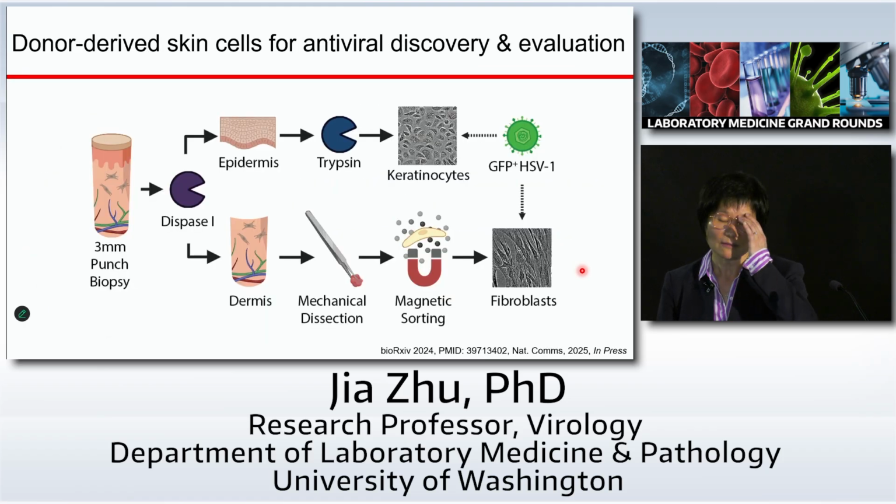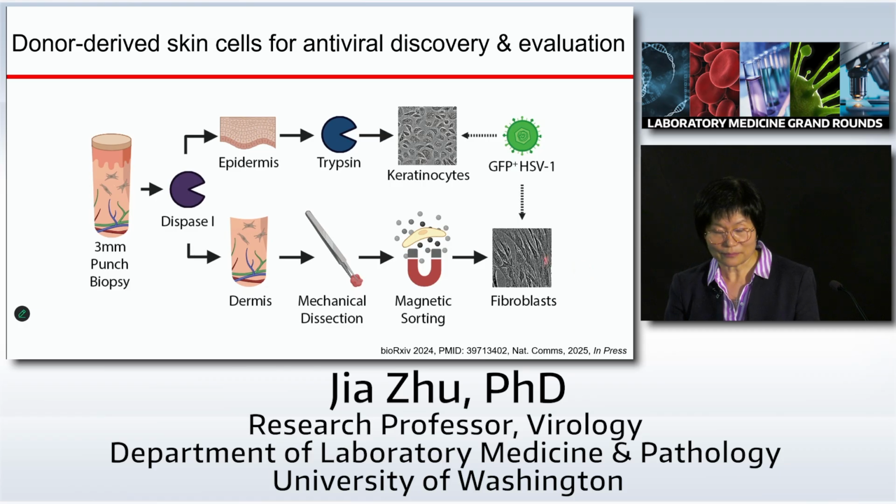But conventional antiviral drug discovery uses Vero cells and fibroblast cells. But we have shown that HSV manifests in human skin, through our in vivo biopsy study and our in vitro skin-on-chip study. The skin keratinocytes are the primary target encountered by the virus, and also the most susceptible target for viral infection.